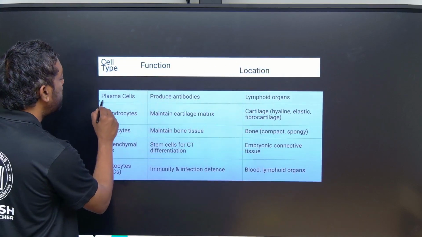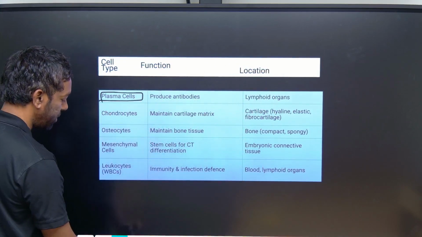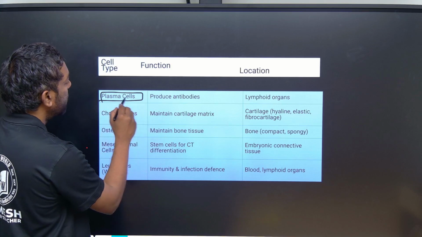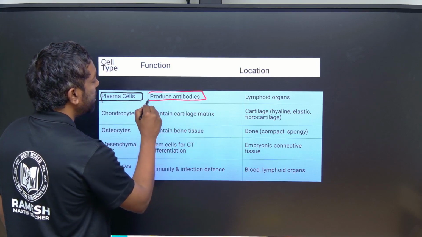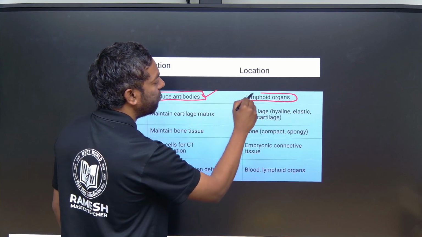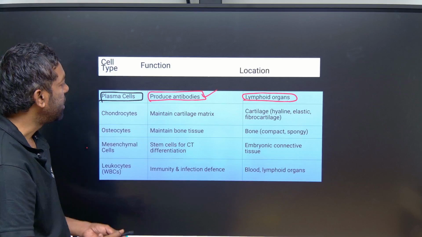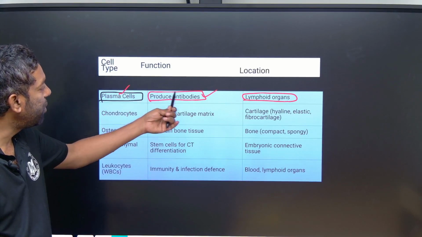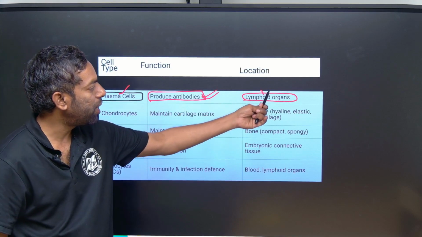Plasma cells produce antibodies. Where there is a lymphoid organ, these cells are in the connective tissue, and plasma cells produce antibodies in the lymphoid organ.